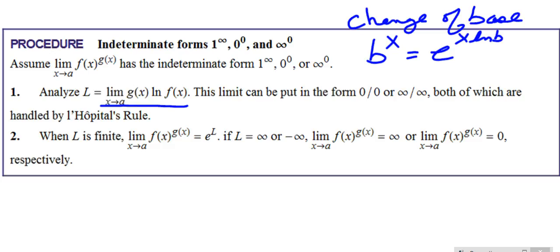From there, once we find this limit L, we're going to set the original limit equal to e raised to this L we found. And if L is infinity or negative infinity, we can have that, or it can be 0. So we're going to try one of these.